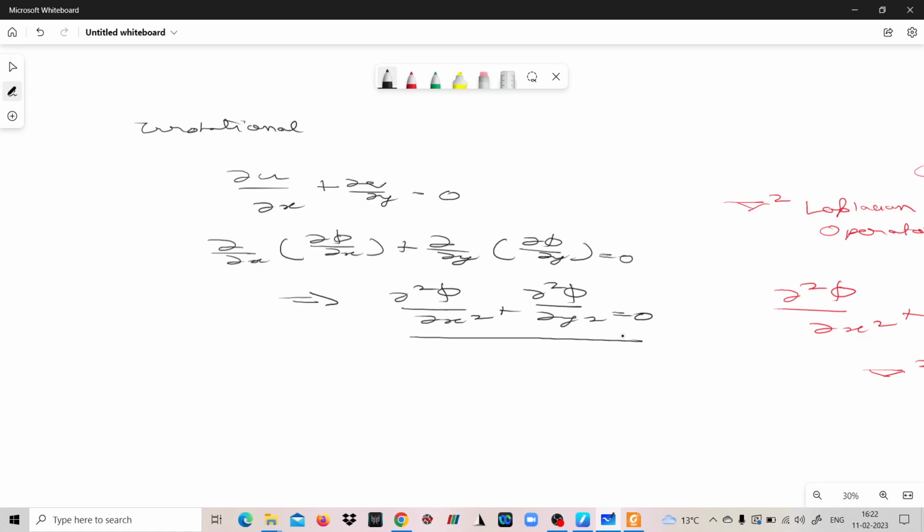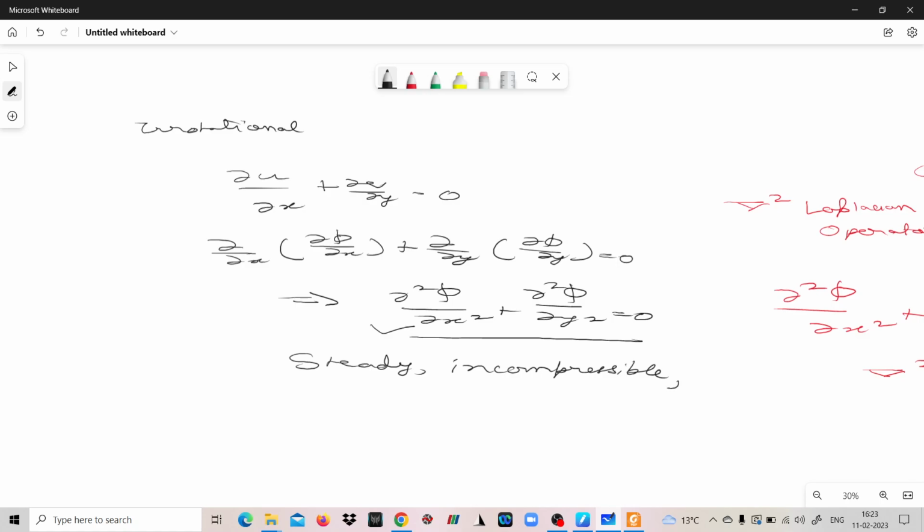So if phi exists, flow is irrotational. And in addition to that, if it satisfies Laplace equation, then the flow is steady, incompressible, because the only possibility by which this potential function phi can satisfy Laplace equation is when the flow is steady and incompressible.